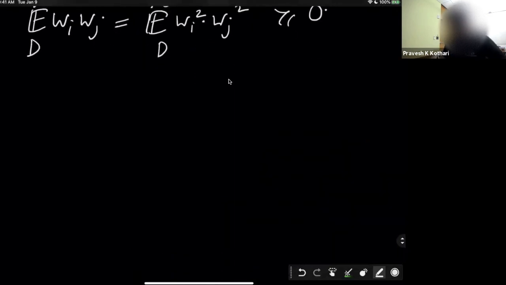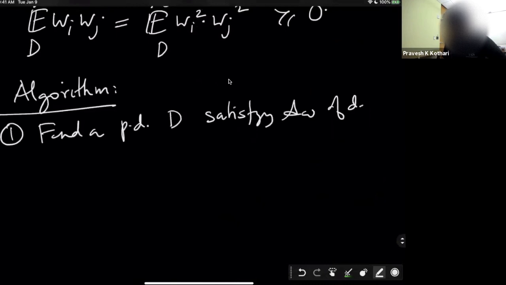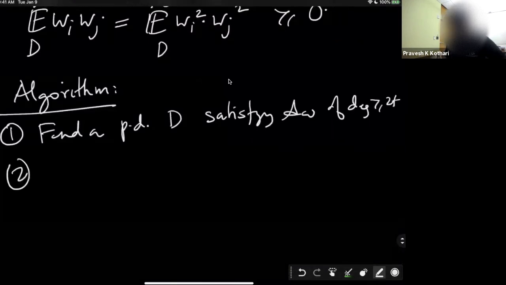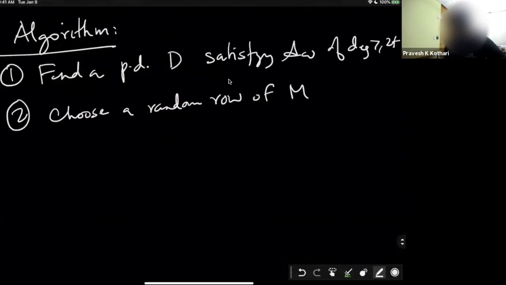I'm not going to do this in detail, I'm just going to write down the description of the algorithm. 1. Find a pseudo distribution D satisfying A sub W of degree bigger than 2t. 2. Choose a random row of M. Take the n over k largest entries in that row.